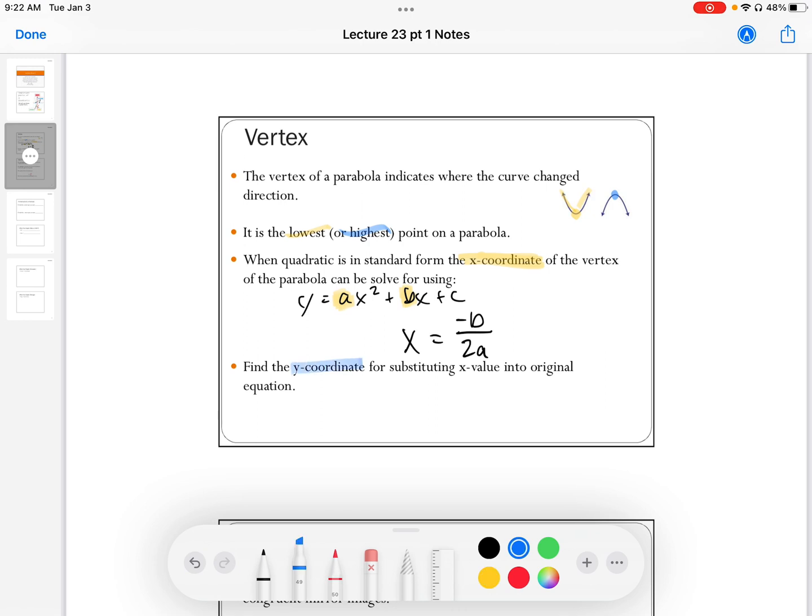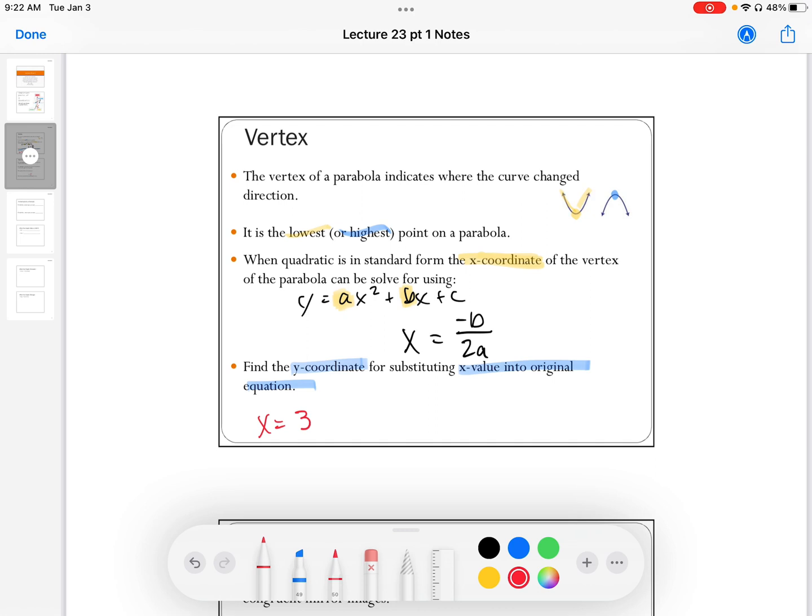To find the y coordinate of the vertex, you are going to need to substitute that x value into the original equation and figure out what y equals. So let's just say that we simplified and we found that x equaled 3.